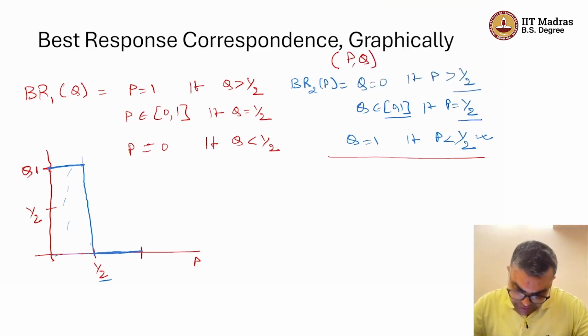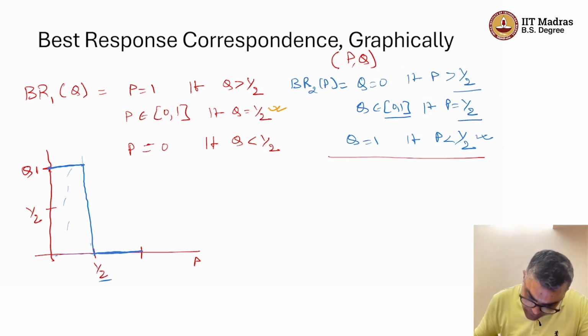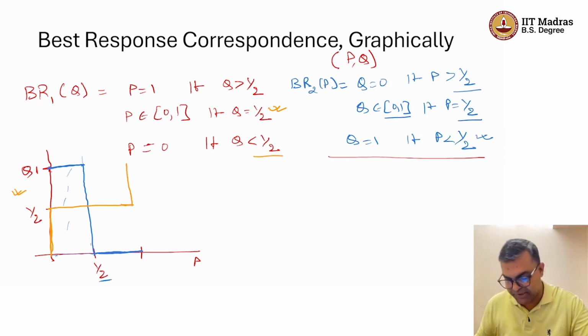Let us use orange color for player 1. If Q is equal to half, all P are possible. So this is all P. If Q is greater than half, in this zone, P is equal to 1. So this is the way we get it. And if Q is less than half, P is 0. So on the y-axis, P is equal to 0.